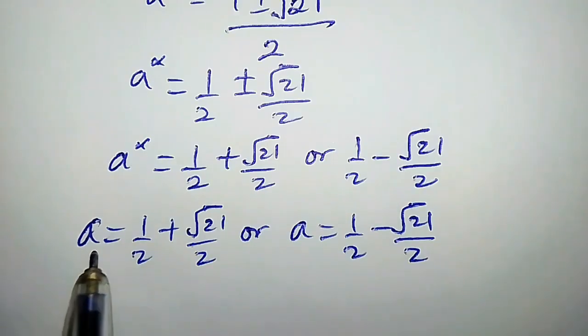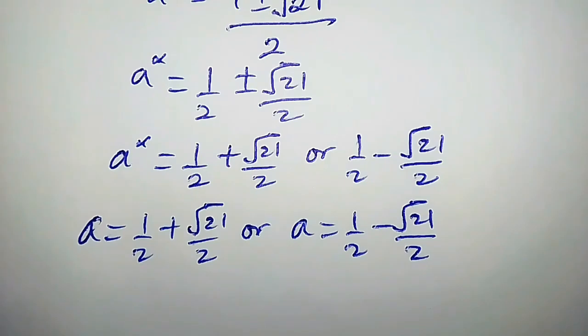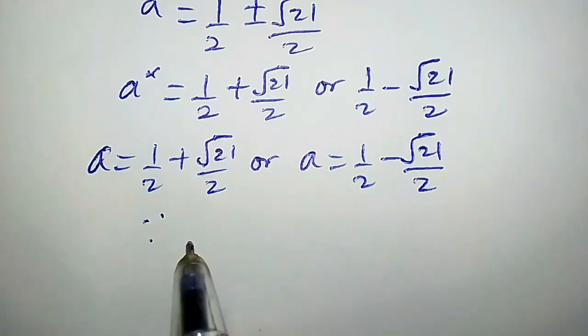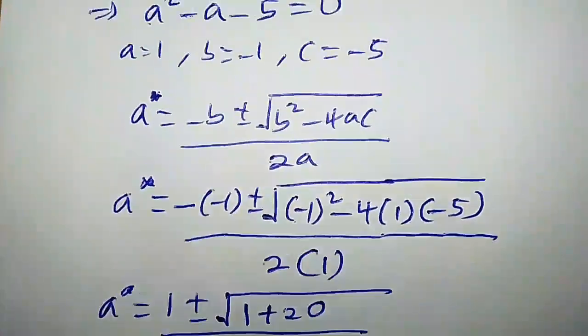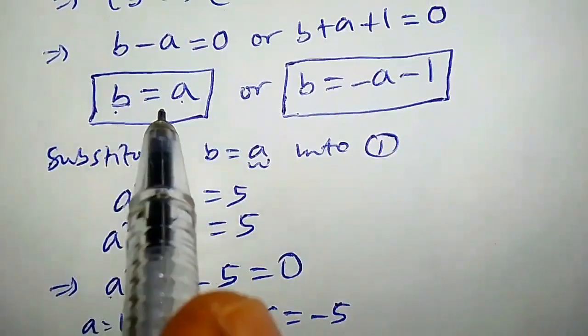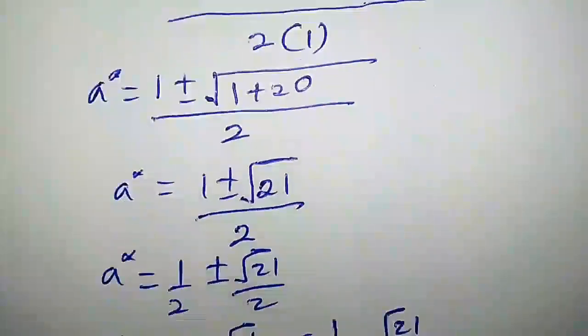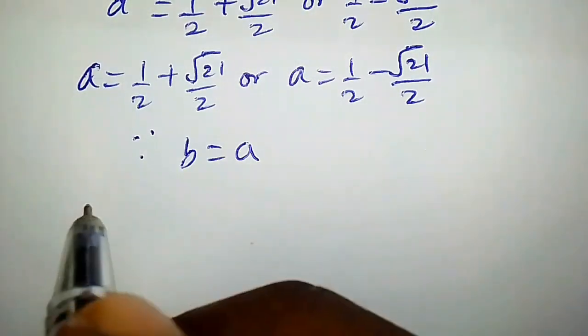It is very clear that we have two values for a. This means that we can use these two values to obtain the value of b, since b is equal to a. Let's proceed further. Consider each of these.